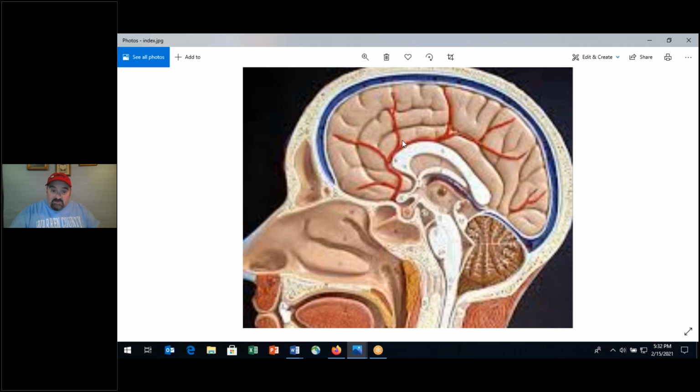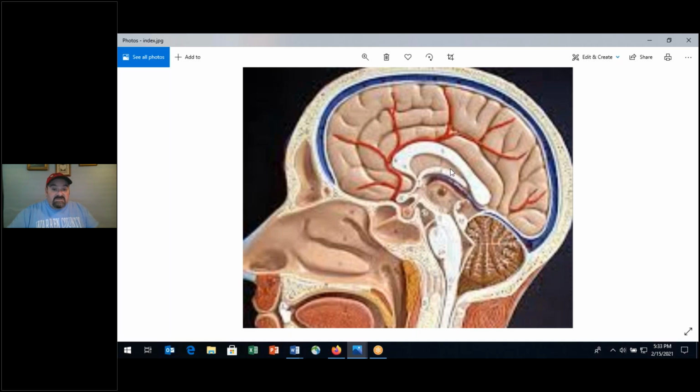A sulcus would be an indentation, right? So here we have the corpus callosum. The corpus callosum connects both cerebral hemispheres and allows for communication. So really we know that because of this crossing over of fibers, the right cerebral hemisphere controls the left side of the body, the left cerebral hemisphere controls the right side of the body, right?